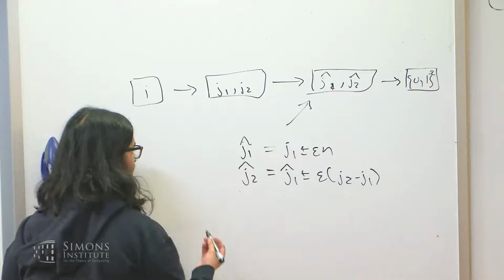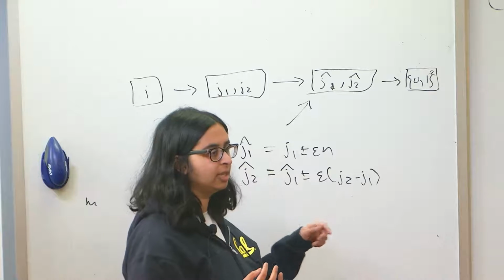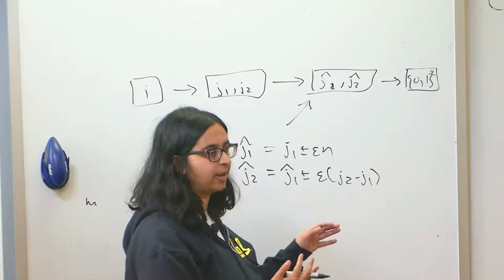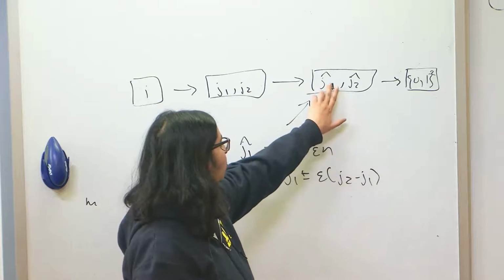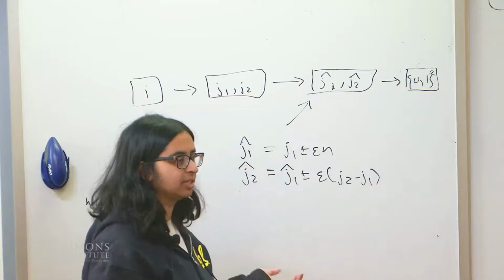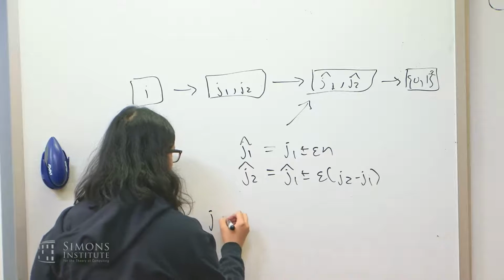Okay, so now we want to do the same thing as before, where we bucket all pairs of queries into about a constant number of buckets, where the distribution of J1 hat and J2 hat will be basically the same, right? But it turns out that you actually can't do this.